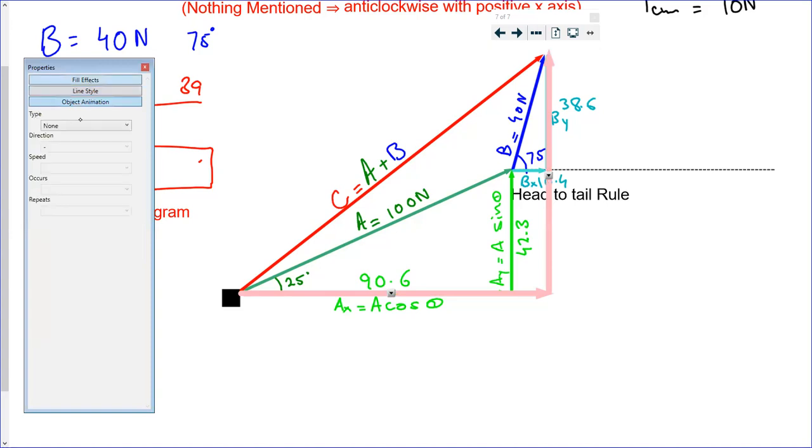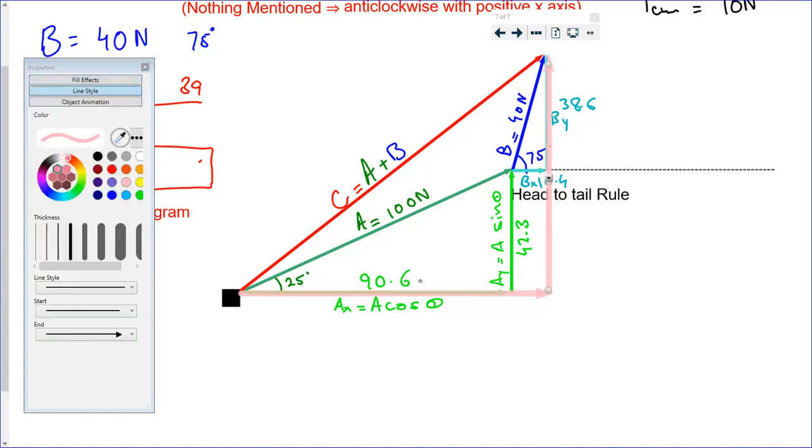So can you find the length of both the pink horizontal and vertical components? That's the adjacent and the opposite component.